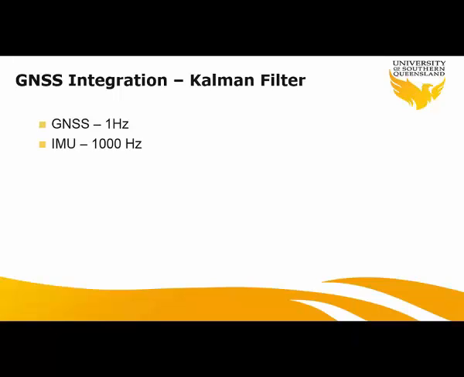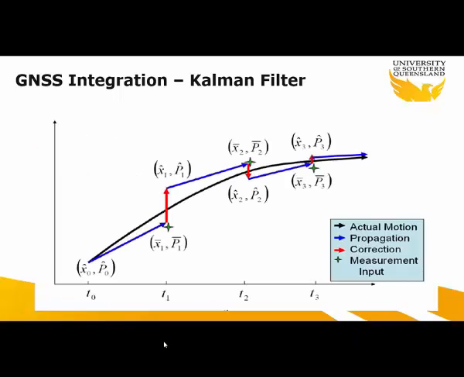For this to work out, we need some type of mathematical formula to combine these two together, which we call the Kalman filter, which I'm going through in the next slide. What the Kalman filter does is basically assume that the actual motion of the vehicle is the black curve here, and the measurement we have from the IMU is the blue one.